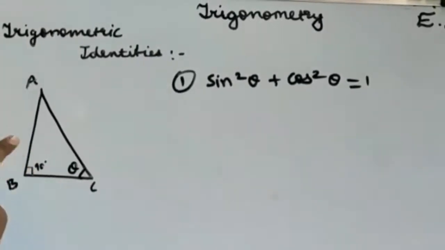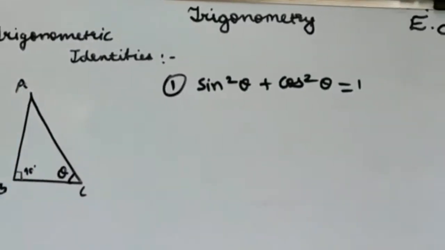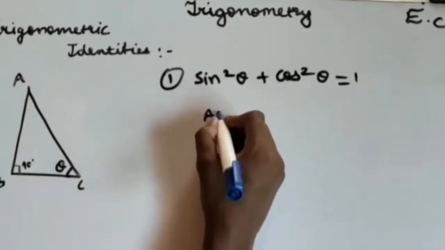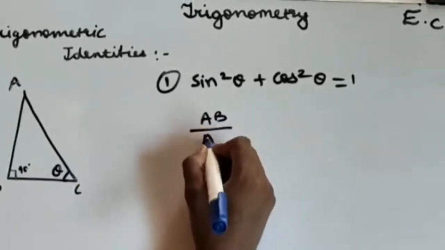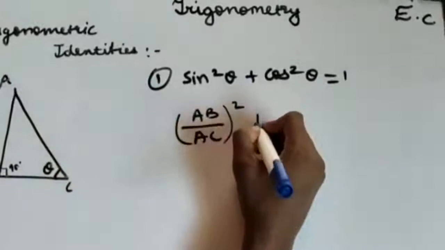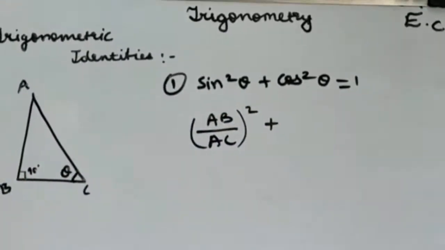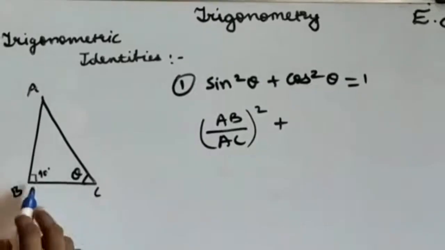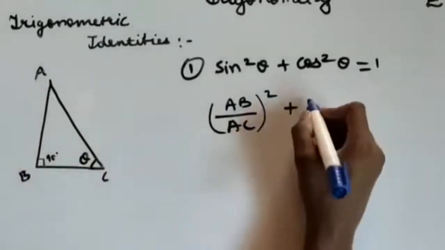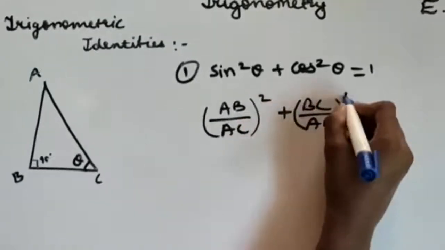Here the opposite side with respect to theta is side AB and hypotenuse is side AC. So it will be AB upon AC square, plus cos square theta. We know that cos theta is adjacent side upon hypotenuse, that is BC upon AC square.